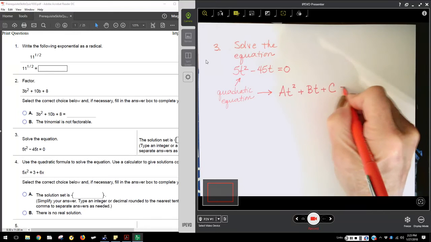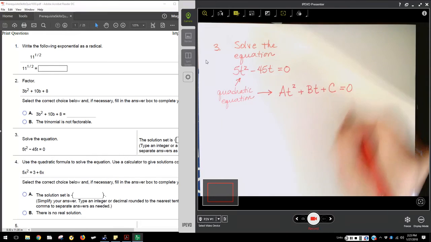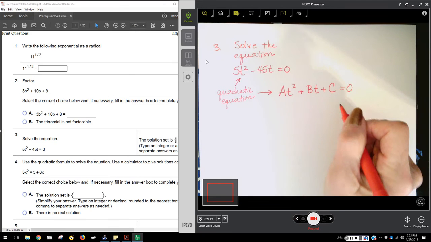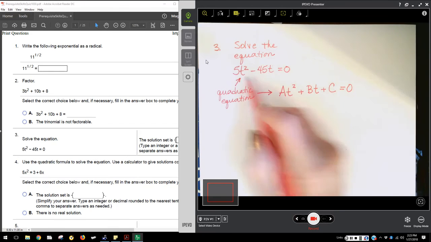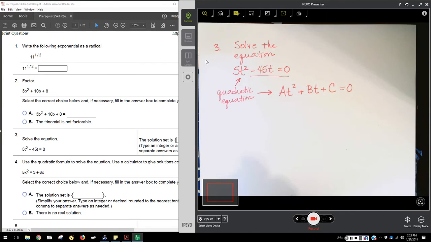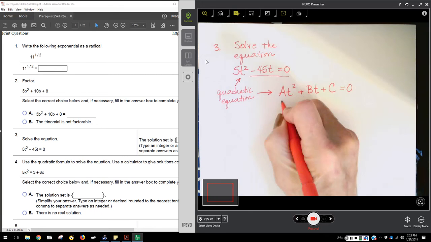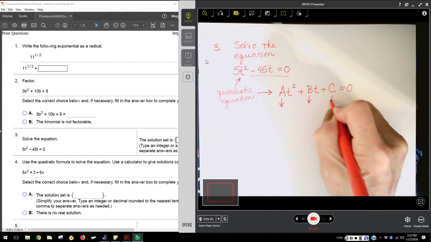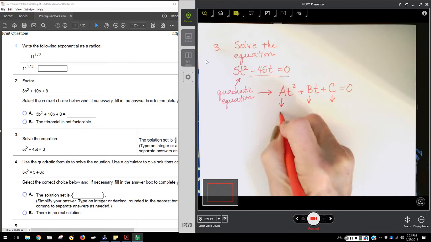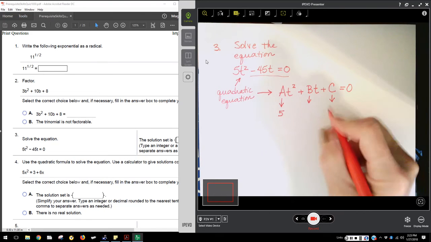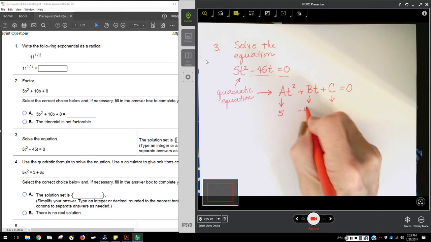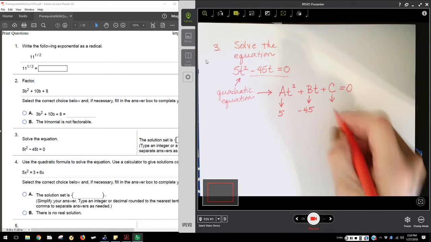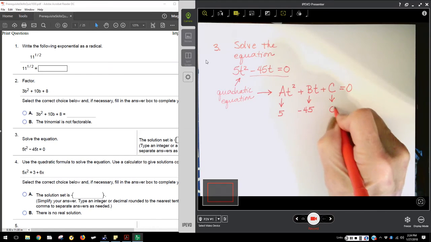It doesn't have to be t, it could be ax squared plus bx plus c. If we have that equation set equal to 0, and we do in fact have this one set equal to 0, then we can pick off the values of a, b, and c. In this case, a is equal to 5 for 5t squared. B is equal to negative 45 for negative 45t. And C is equal to 0.